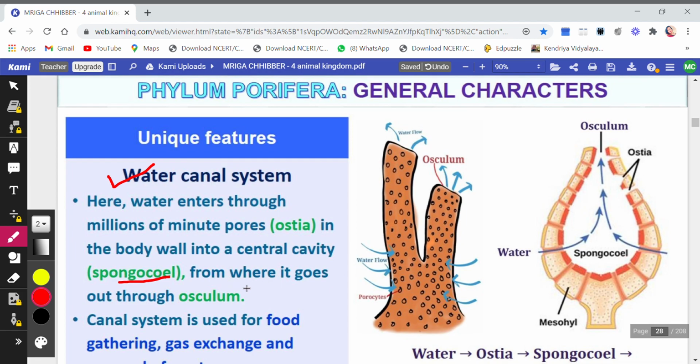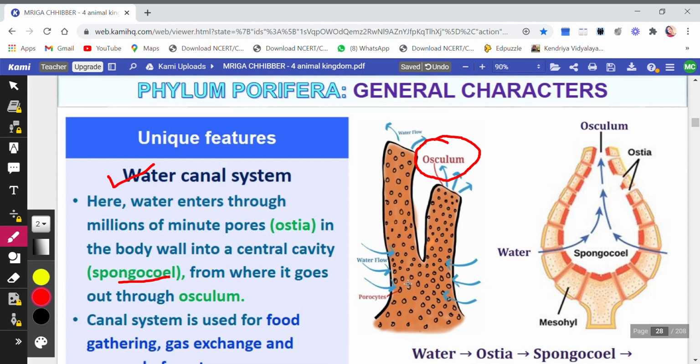Water will enter through the ostia and come out through the osculum. The canal system is very helpful for this organism, because when the water enters, it brings in food and oxygen.